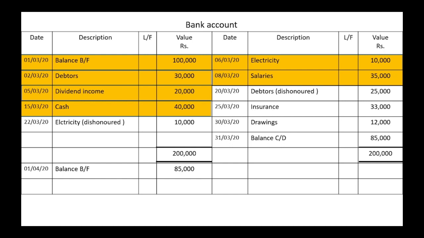So altogether it is a 40,000 amount. One of those checks has been dishonored. So when you are depositing the received check, you have debited here. Therefore, you have to reverse that entry. You have to credit the bank account and debit the relevant account.